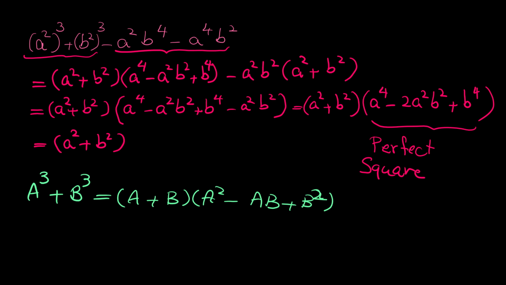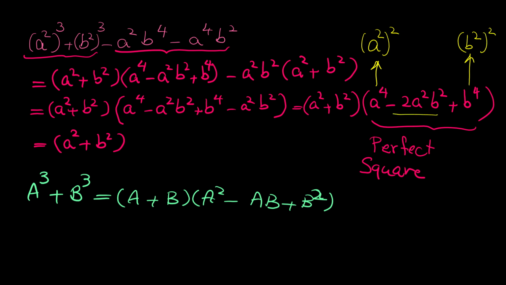Why is this a perfect square? Because I noticed that this term is a perfect square. a⁴ is basically a² to the 2. b⁴ is also b² to the 2. Let me write this down here to make it a little clearer. a⁴ is a² to the 2. b⁴ is b² to the 2.